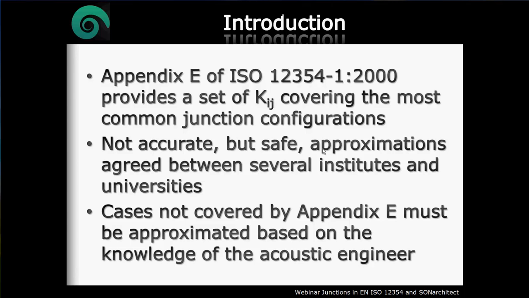So you will find a lot of cases that are not covered by this Appendix E, and you will have to look for new models or see how these models are behaving in reality, or make a comparison against the results of measurements in laboratory.